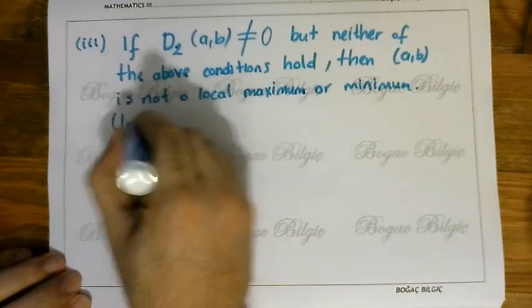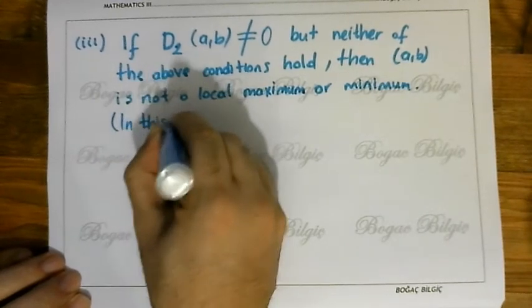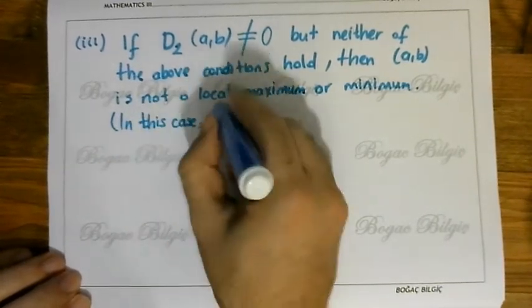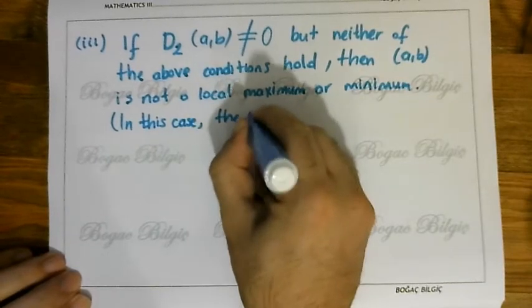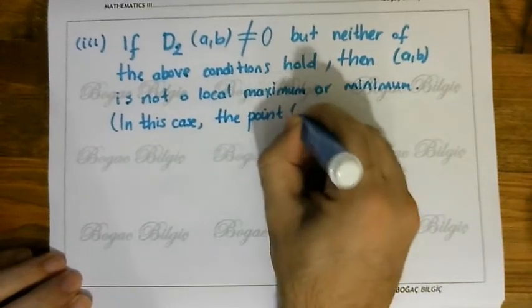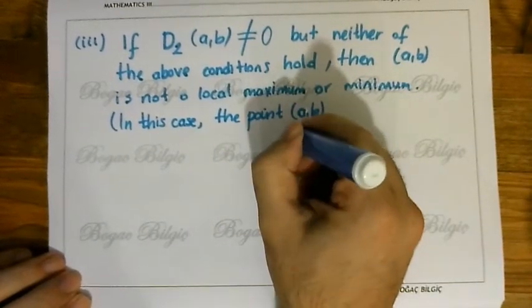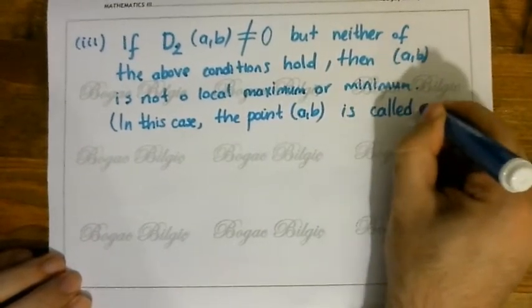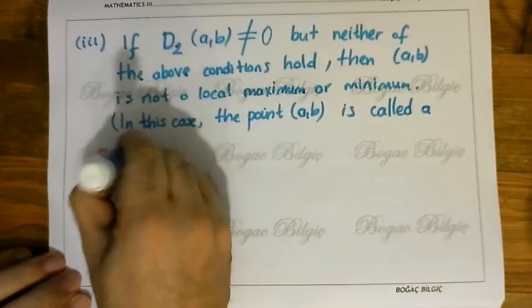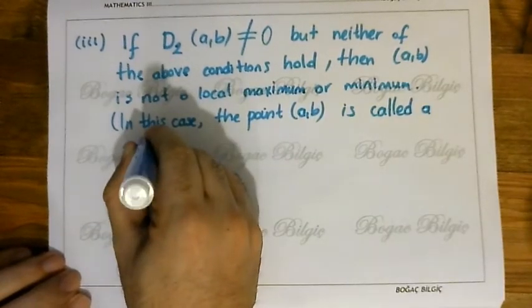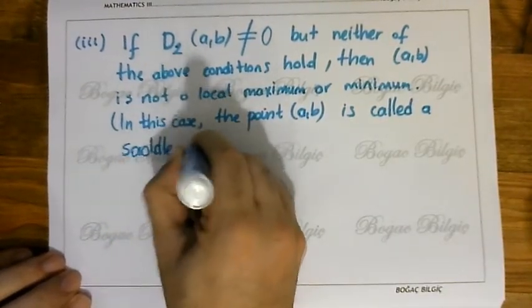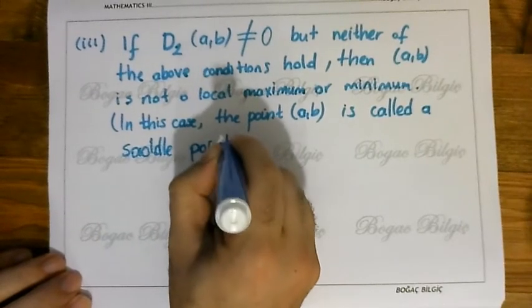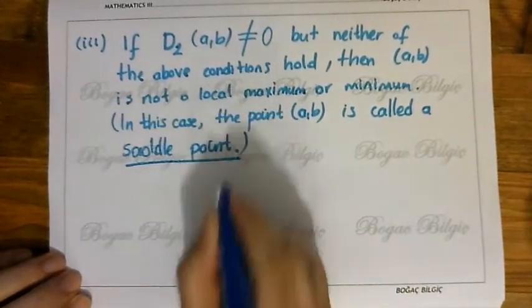In this case, the point (a,b) is called a saddle point.